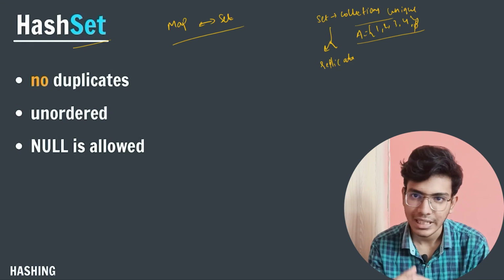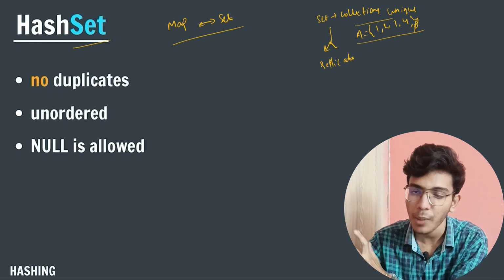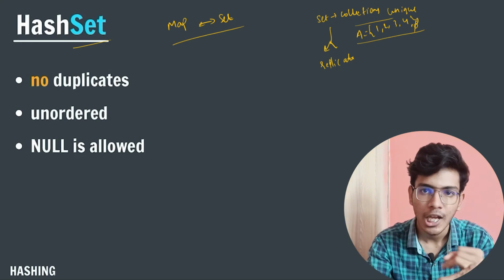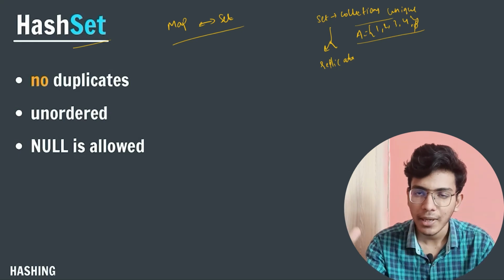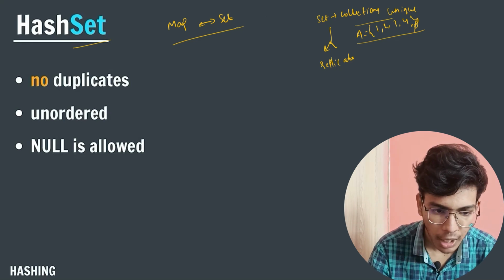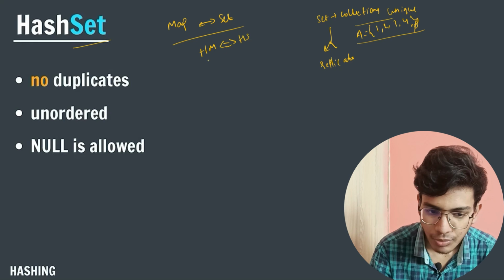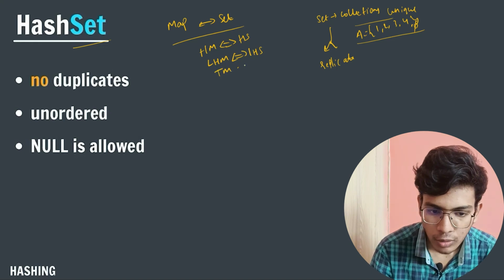Whatever operations we were doing in a hash map, we will use the same methodology to perform them, and the time complexity will also remain the same. So hash map is equivalent to hash set, linked hash map is equivalent to linked hash set, and tree map is equivalent to tree set.